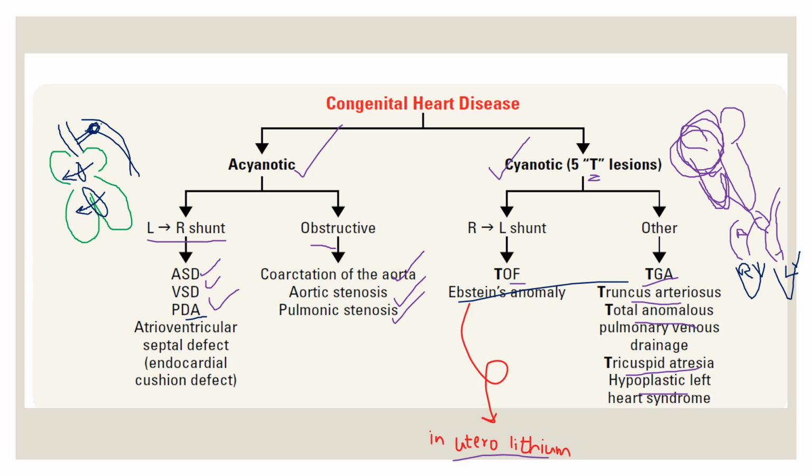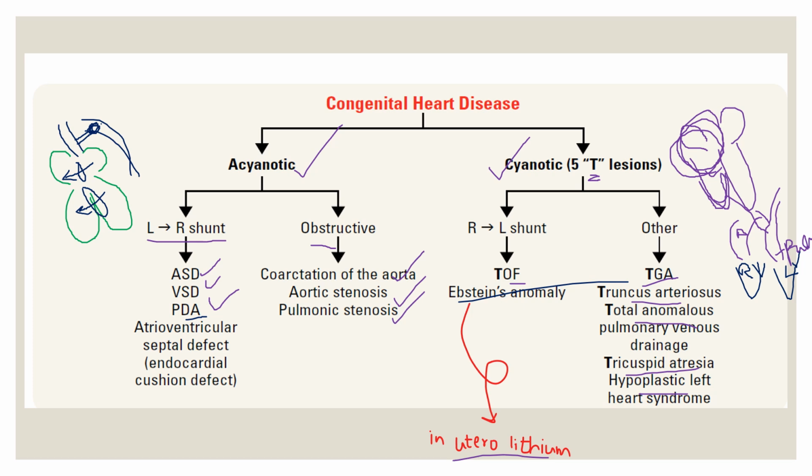So what happens? You think about it. The SVC and IVC are taking blood to the right side of the heart, to the right ventricle. It has to actually go to the pulmonary artery to the lungs for oxygenation. But now the right ventricle opens to the aorta. So that deoxygenated blood will reach the body.